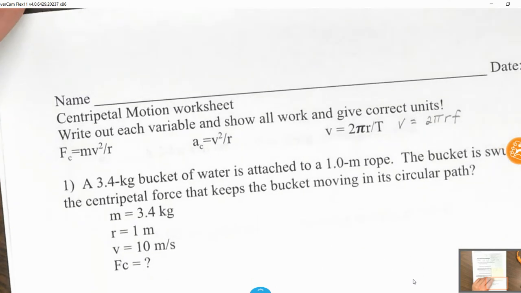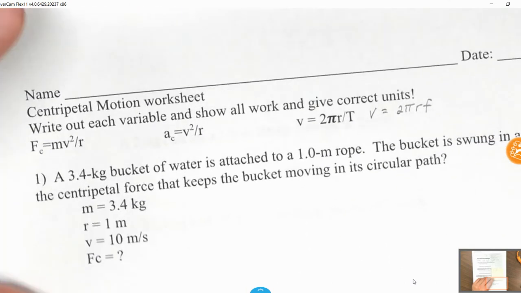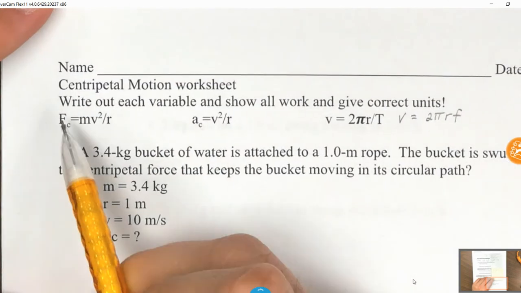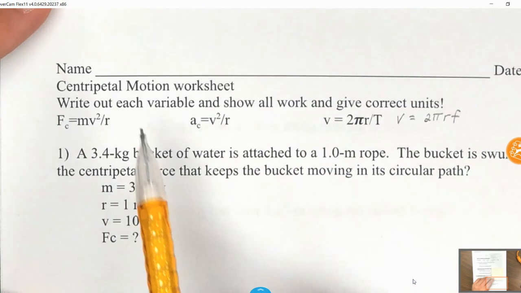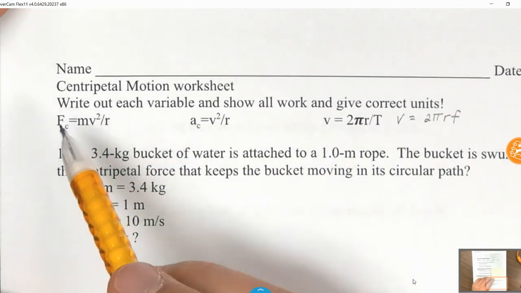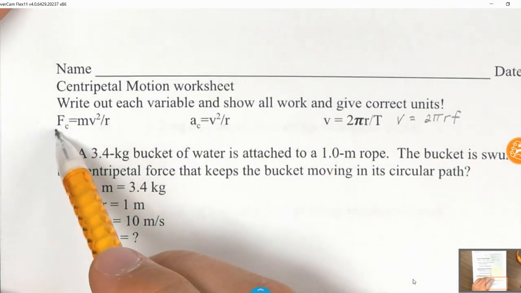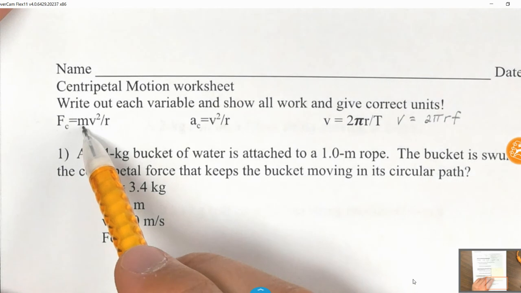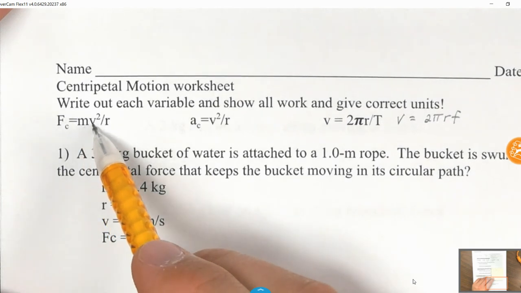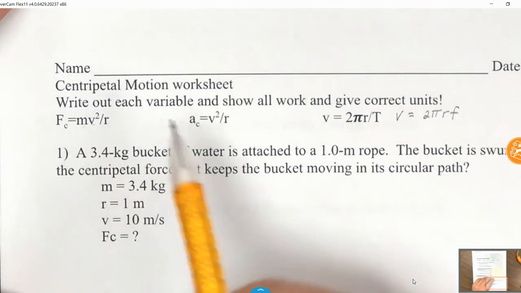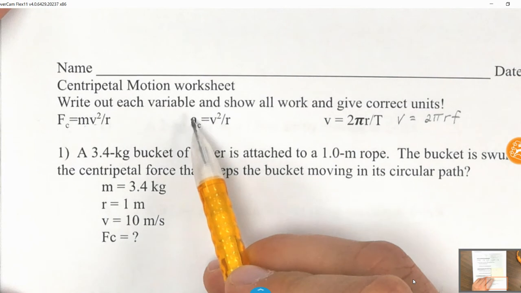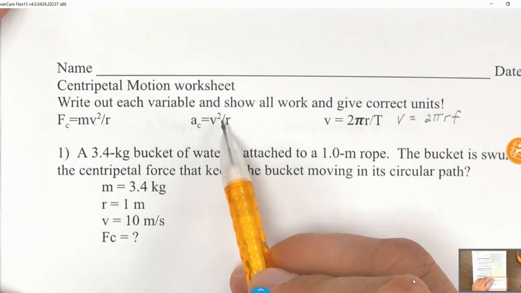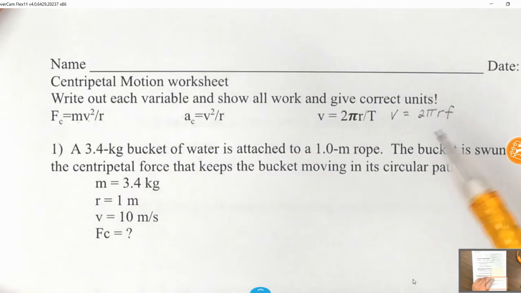So we're gonna do this centripetal motion worksheet here. Pretty simple stuff that we're gonna be doing today. So centripetal force, the equation for that is the mass of the object times v squared over r. Centripetal acceleration is v squared over r.